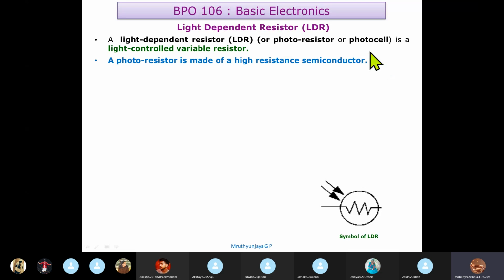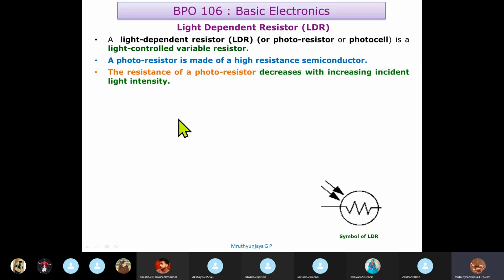The details we'll be seeing in Unit 4, semiconductors. For now, a photoresistor is made of a high resistance semiconductor material. The resistance of the photoresistor decreases with increasing incident light intensity.